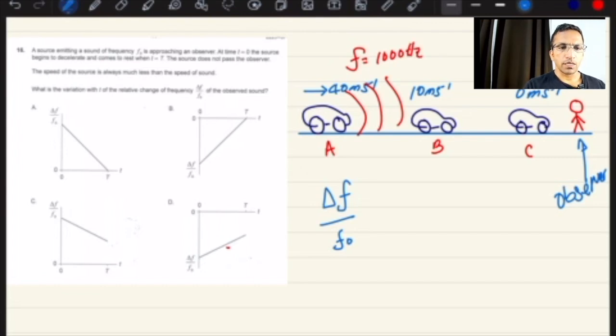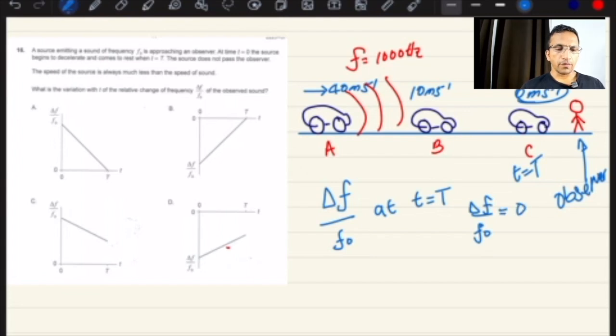First question we should ask is, when time equals capital T, when the car stops, what will be the frequency? Now this frequency also will be 1000 Hertz. Why? It's not moving. So at time equals capital T, there's no change of frequency. Delta F over F naught should be 0. The frequency is the same as the natural frequency, so delta F equals 0. So the answer is 0.